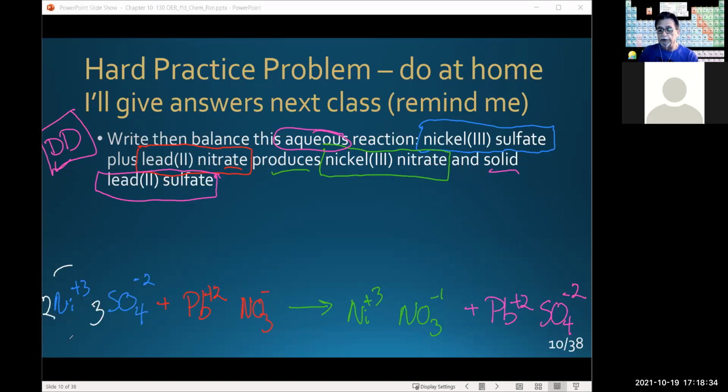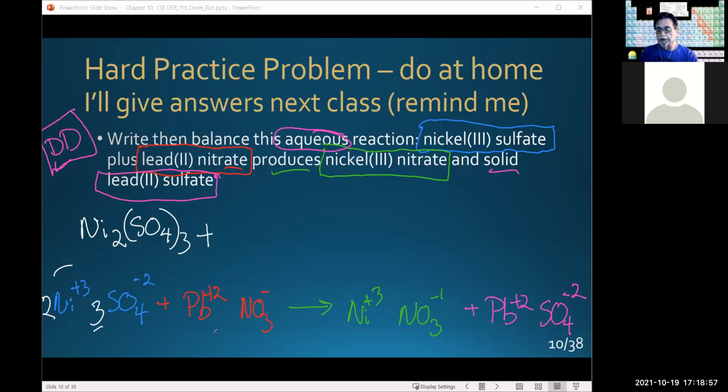So the formula for nickel 3 sulfate is simply Ni2, parentheses, because we need 3 sulfates, so that is nickel 3 sulfate.